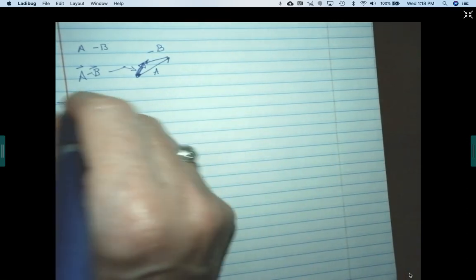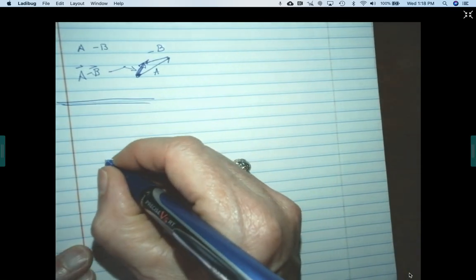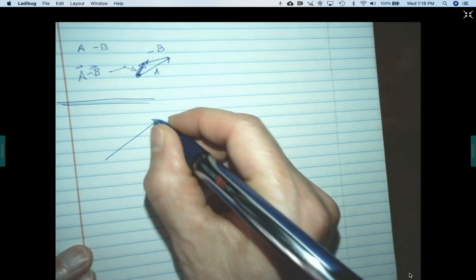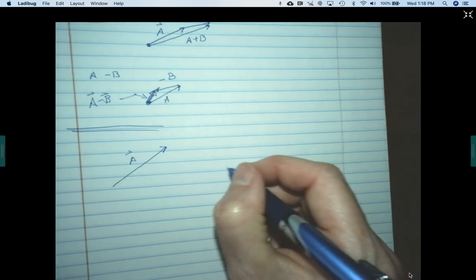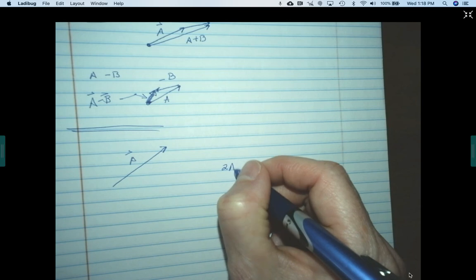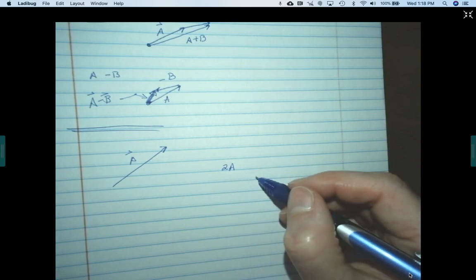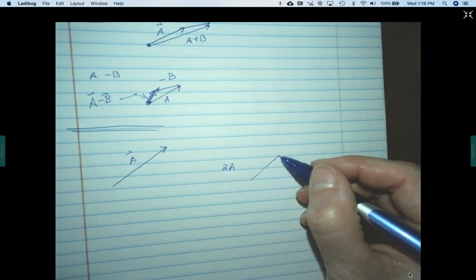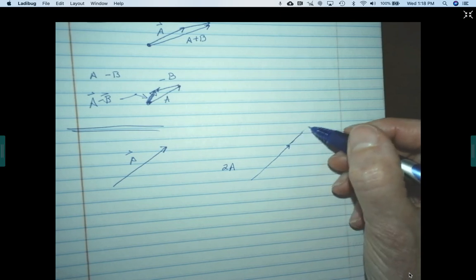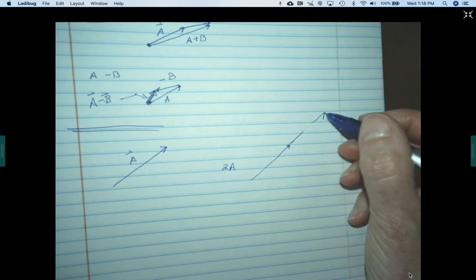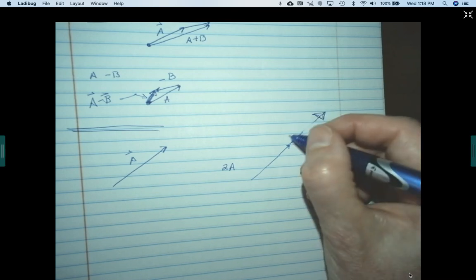If I had another vector, let's say a, and I wanted to do 2a, I would redraw my vector a over here, and then expand it, double its length, but keep the direction the same. So this would be the vector 2a.